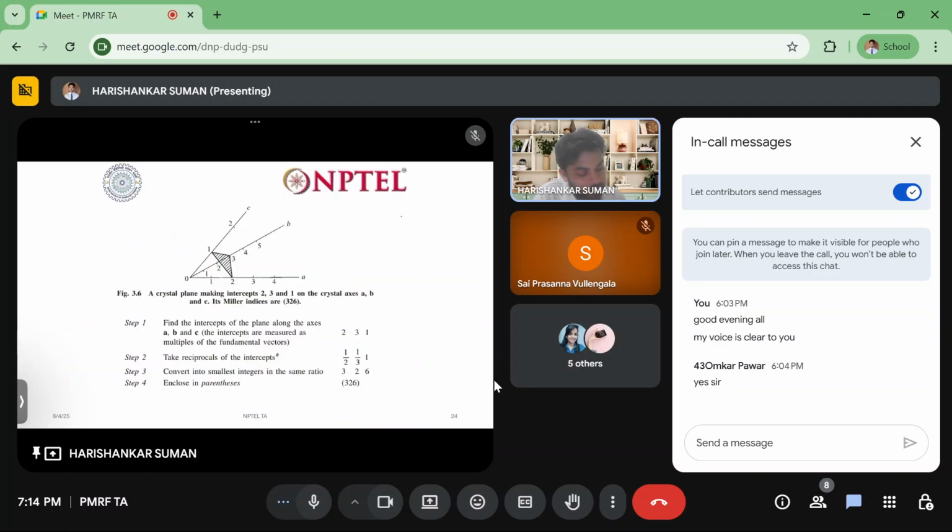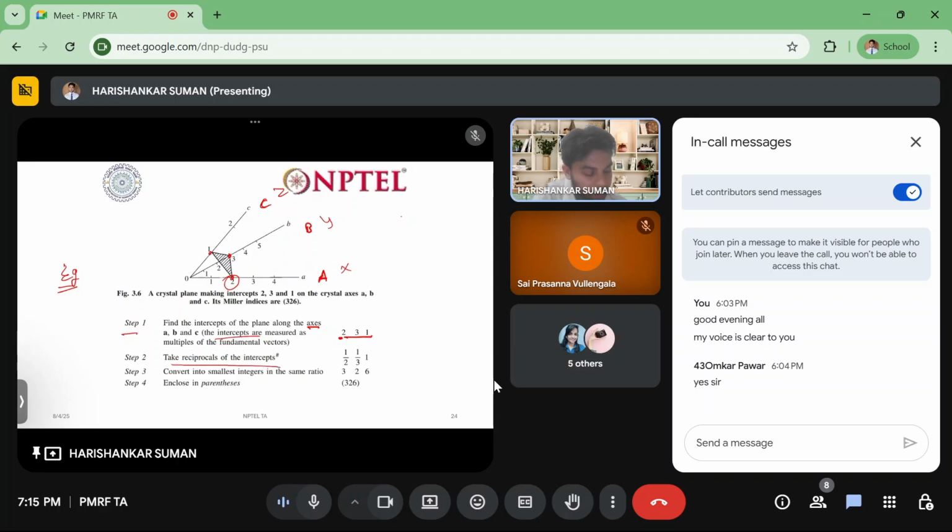Okay, let's see the example. We have the a, b, and c, x, y, z directions. So first you have to find out the intercepts along the axes a, b, c. On a it is 2, on b it is 3, and on c it is 1.